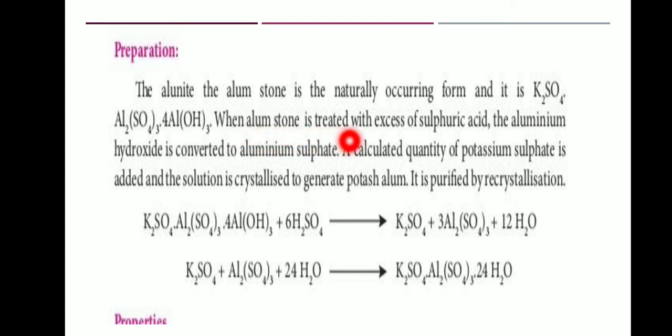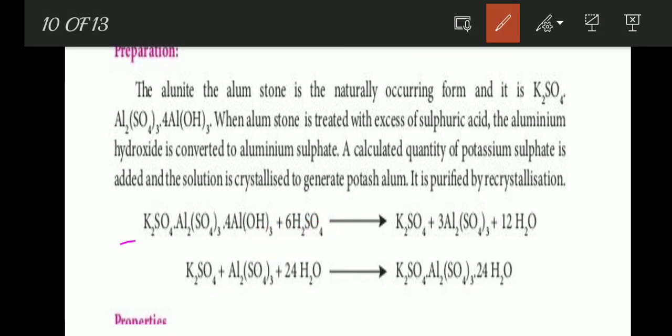Alum stone is treated with excess sulfuric acid, H2SO4, to form potassium sulfate and aluminum sulfate.